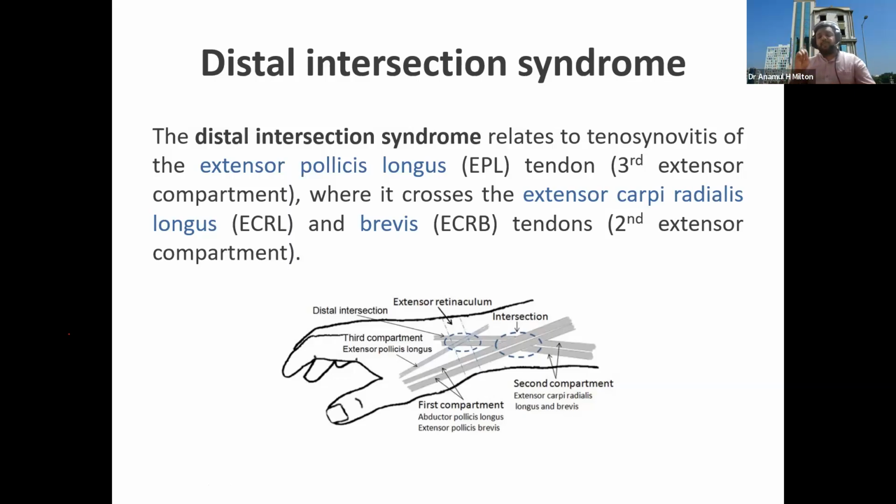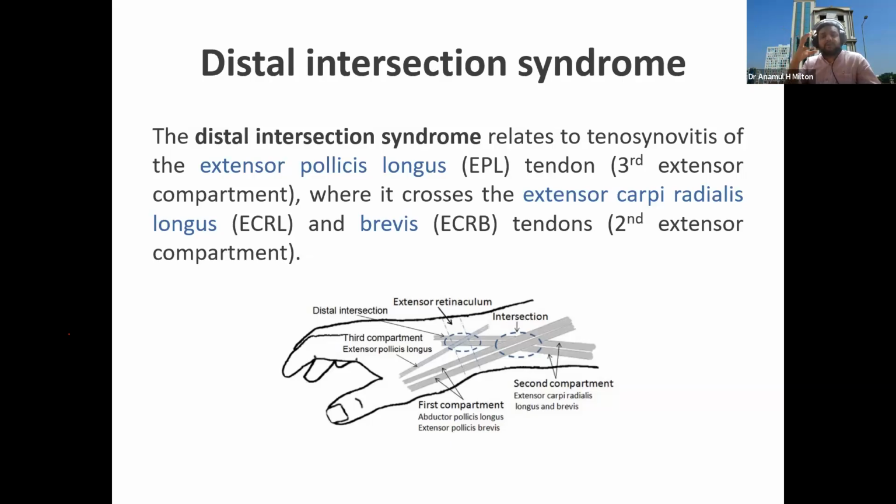Okay, so a very important thing to remember: there is the first, second and third. The second is common for both. So when the second compartment tendon crosses the first compartment, that is the proximal intersection syndrome, and when the second compartment crosses the third compartment, that time we consider it the distal intersection syndrome.